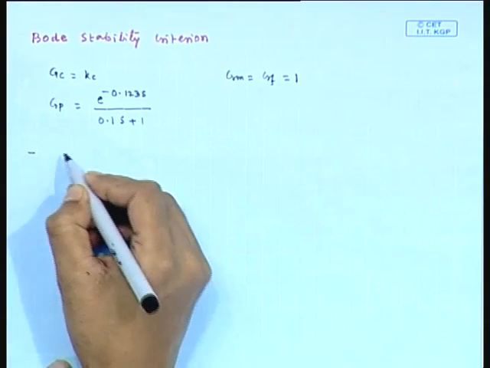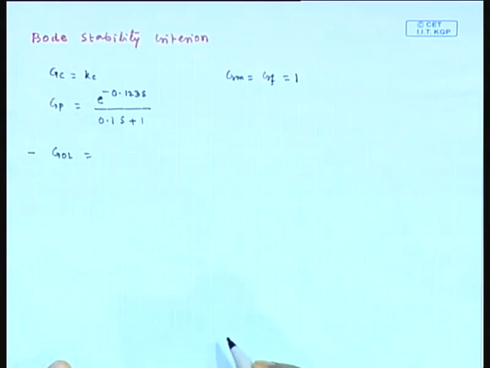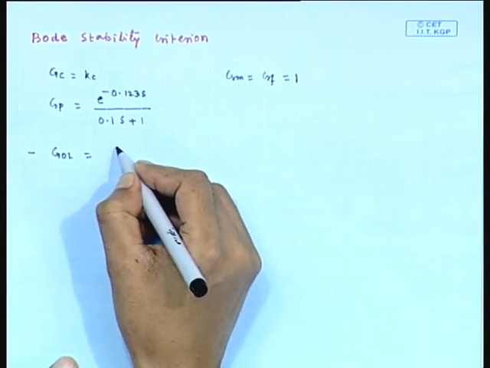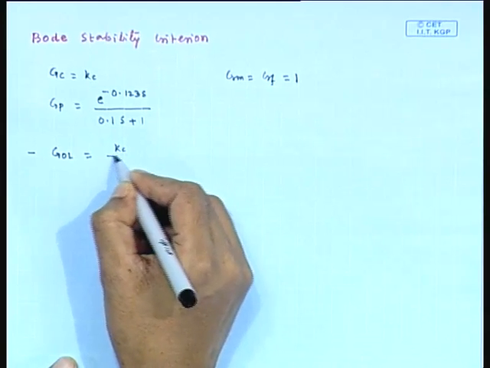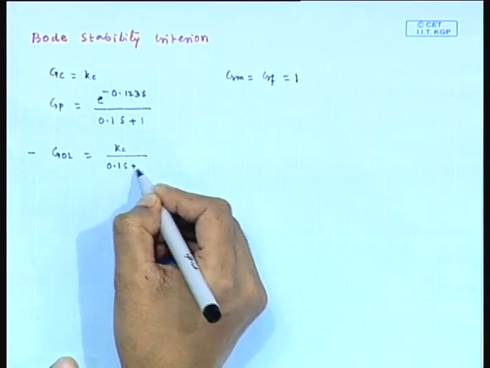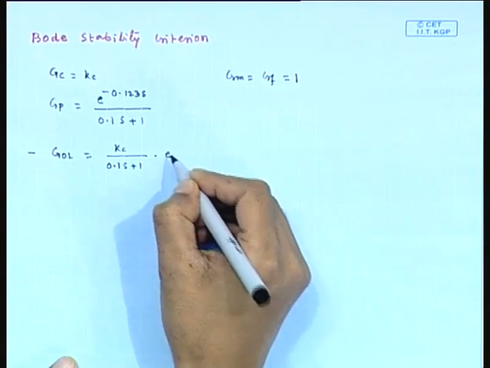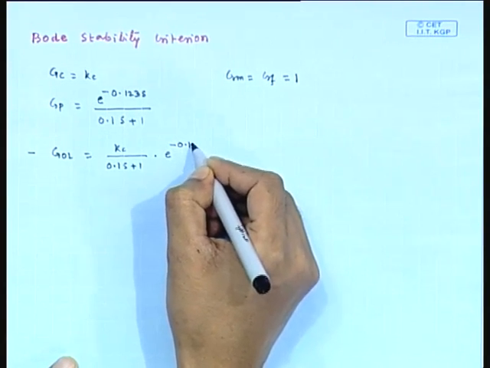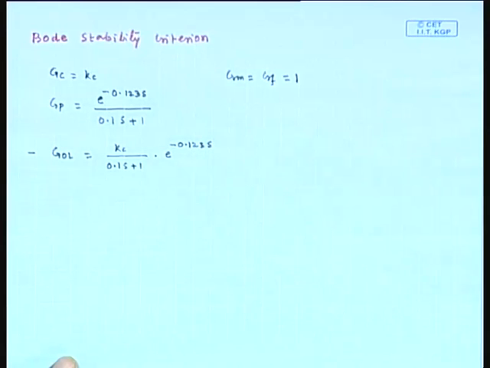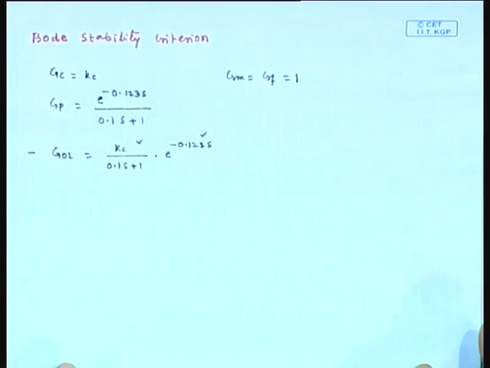First, we need to write the open loop transfer function, that we can write as K C divided by 0.1 s plus 1 times exponential of minus 0.123 s. This is first order and this is dead time part.